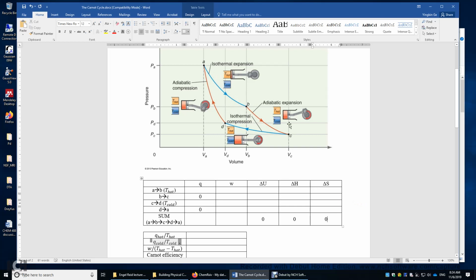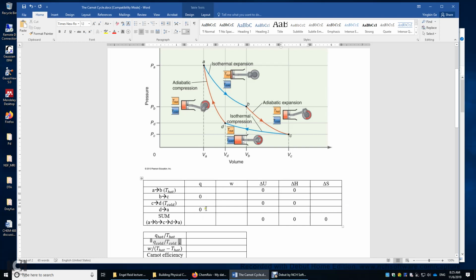Temperature is constant. And for an ideal gas, U only depends on temperature. H only depends on the temperature. So we can put a couple zeros here as well. From C to D, again, isothermal. Therefore, U and H remain constant in this step as well.